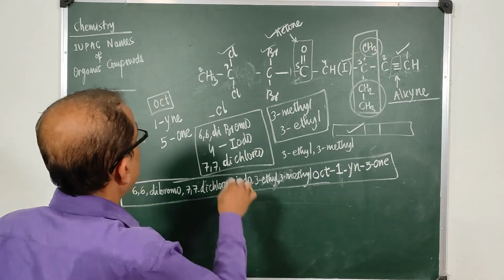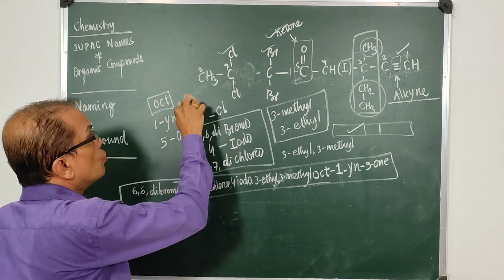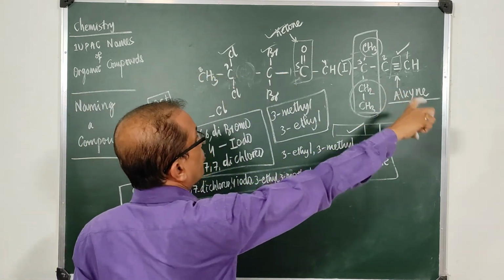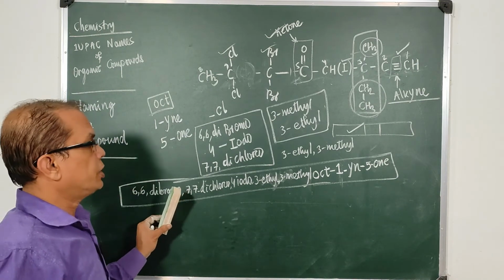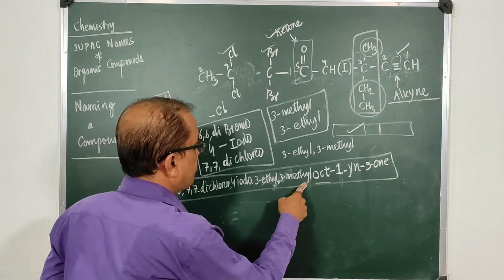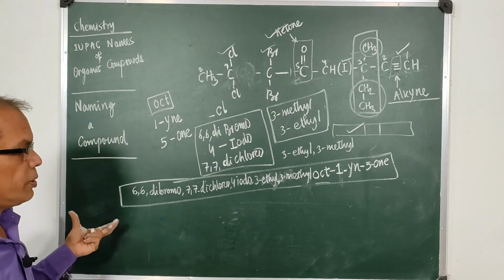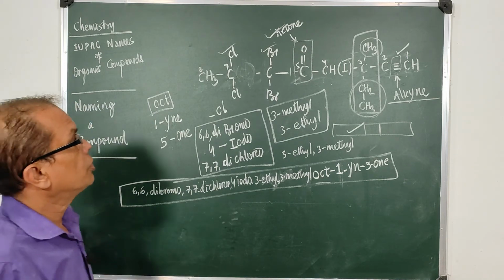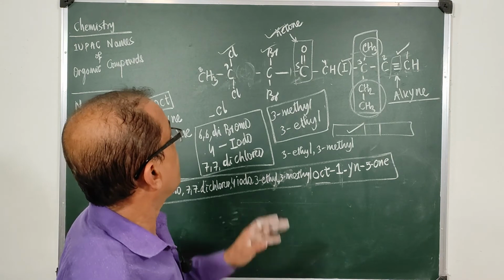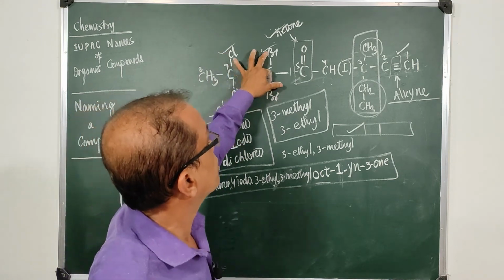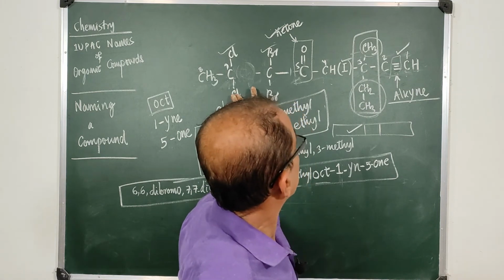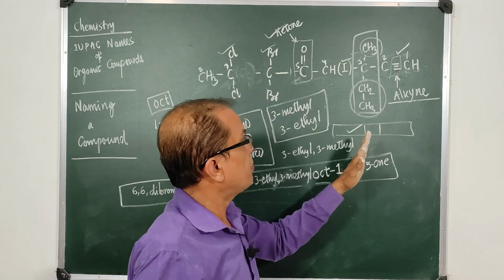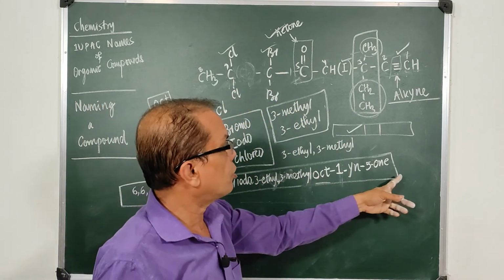First, when you write the prefixes, look whether you cover the whole parent chain or not, then only you can associate this as the final name. The final name appears very large, but you have to take notice that all the prefixes of the single substituents or the alkyl substituents are covered, then the secondary suffixes and the primary suffixes are covered in their perfect order.